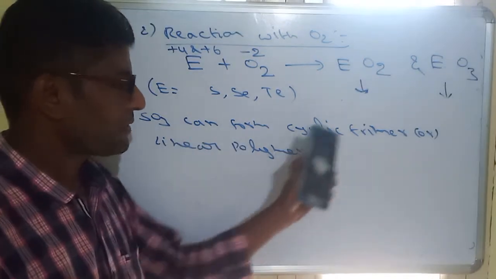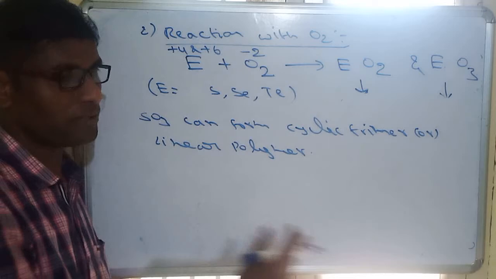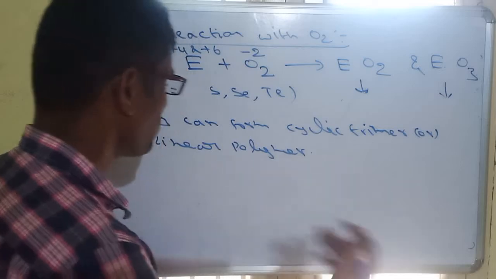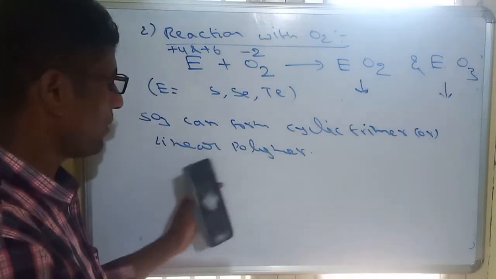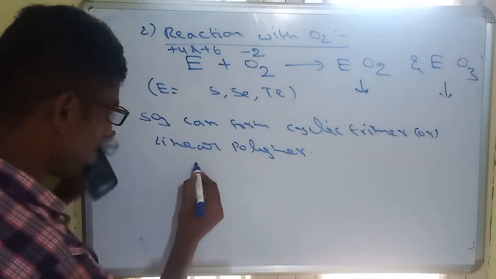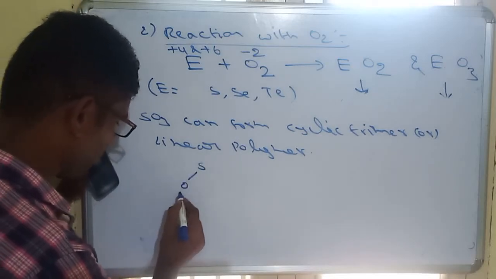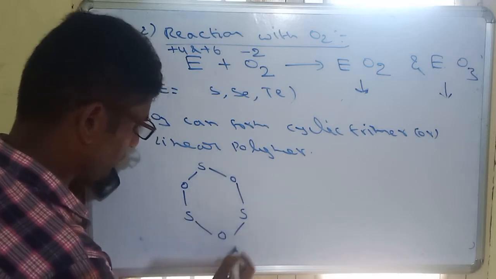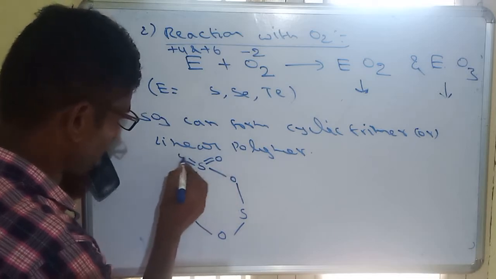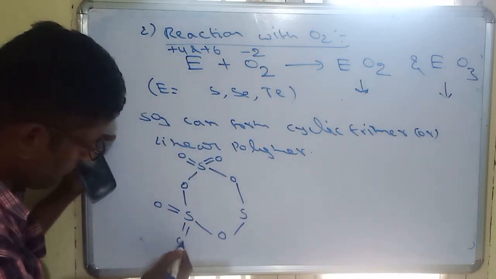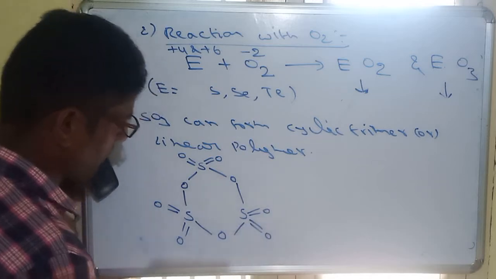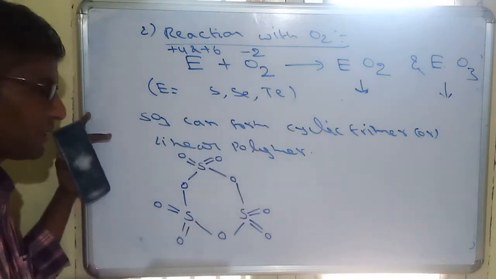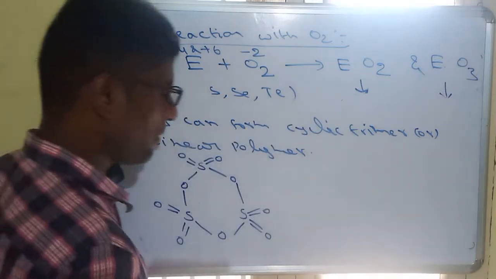So the trimer should be like this. So this is a cyclic trimer of sulfur trioxide. So SO3 can exist as a cyclic trimer, or a linear polymer is also possible.